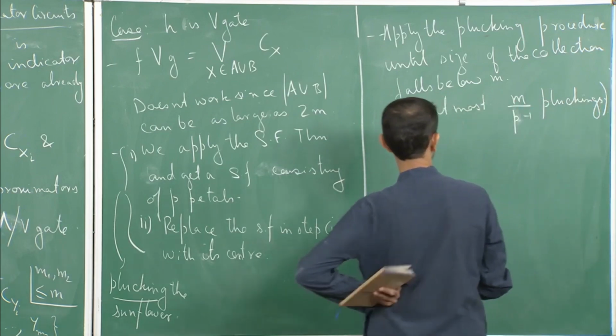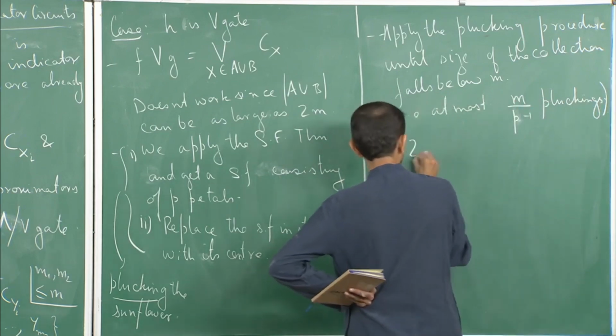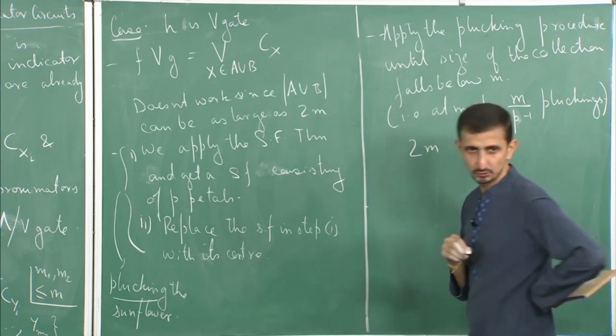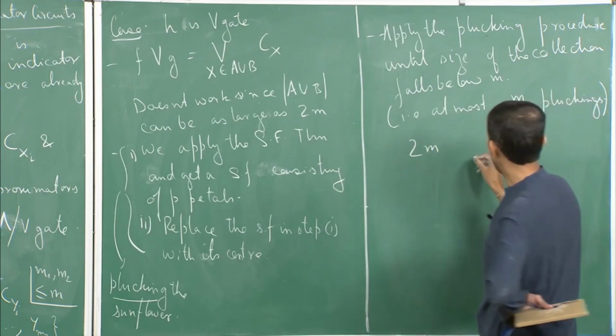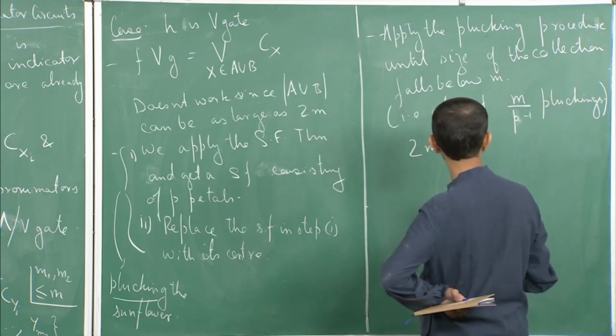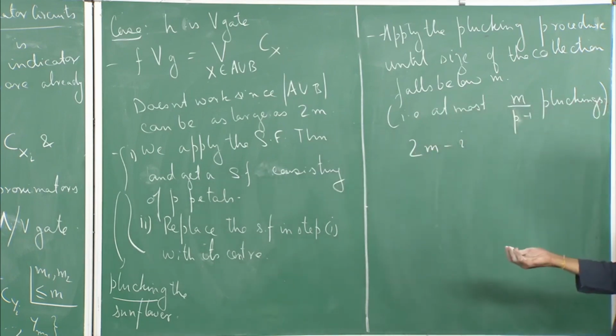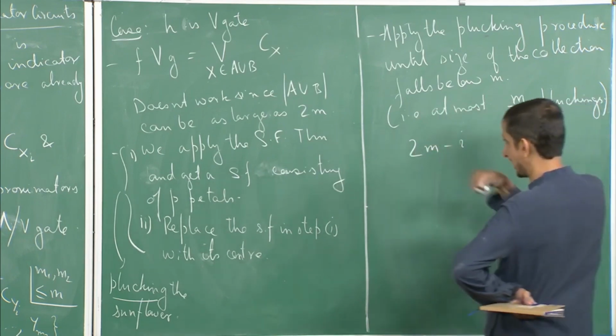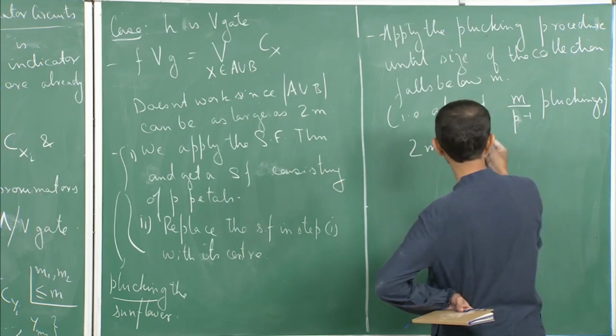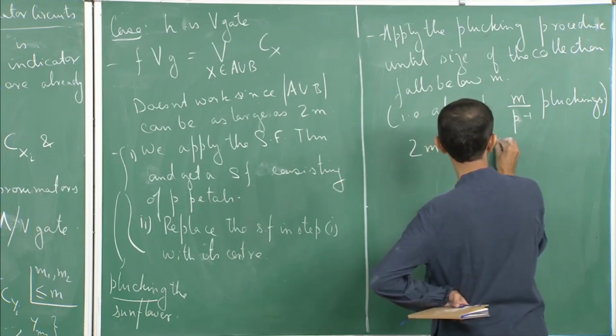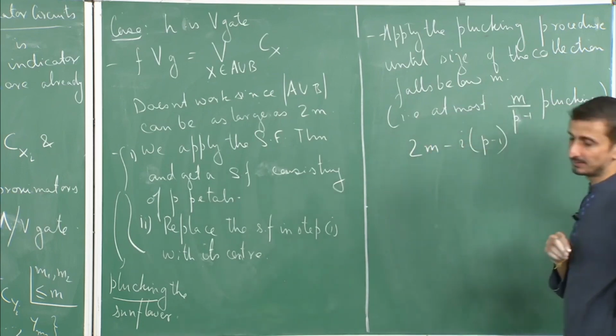Again, let me just do this. We start with a size at most 2m. After i iterations, at each iteration we know that we have decreased it by an additive factor of p minus 1. So after i iterations we will decrease it by i times p minus 1.